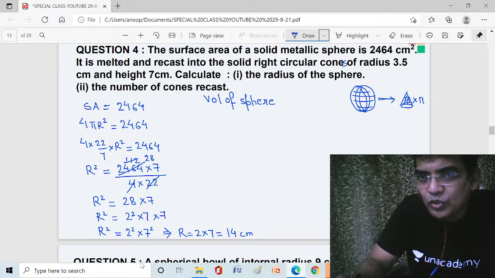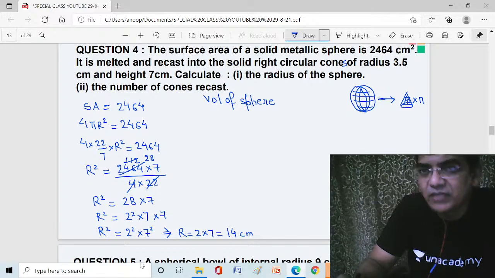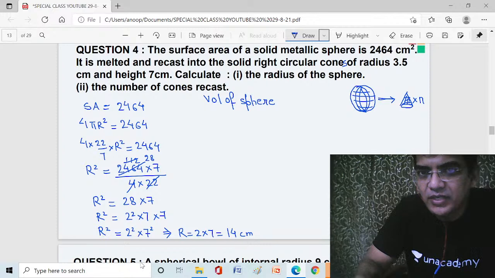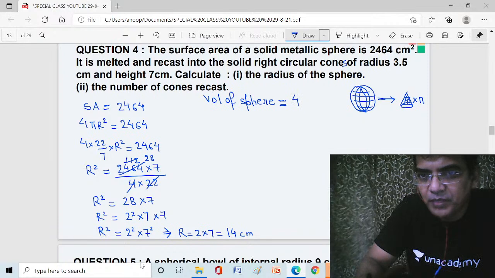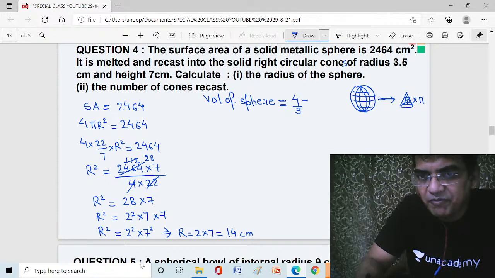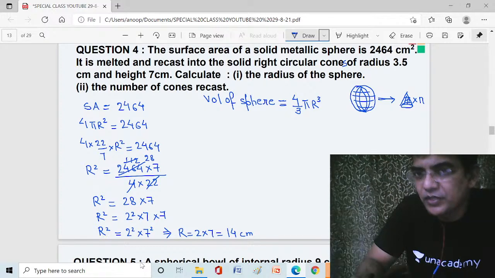So when I will equate their volume, then there will be cancellation of many terms that will make our work easy. So let's find volume of the sphere. So volume of sphere is 4 by 3, then we have pi and r cube. Remember, we are not going to substitute the value at this point.